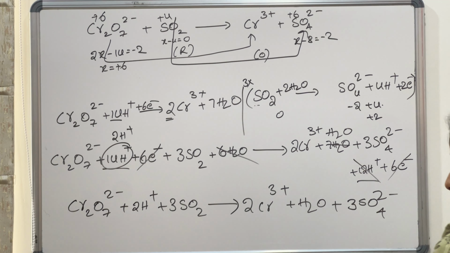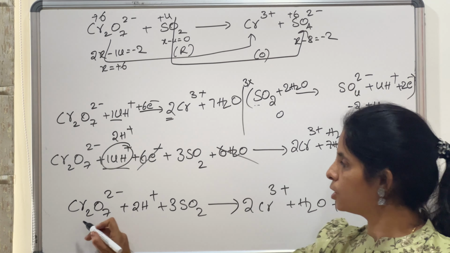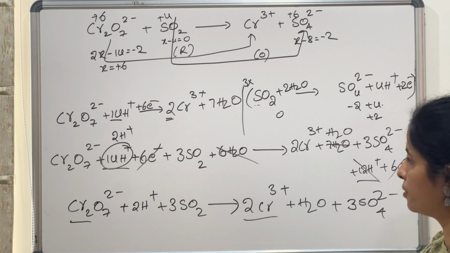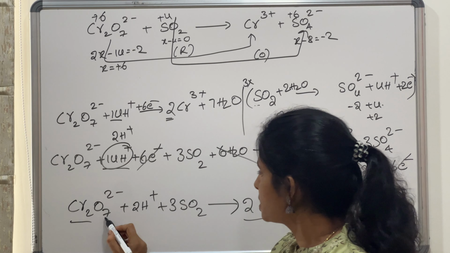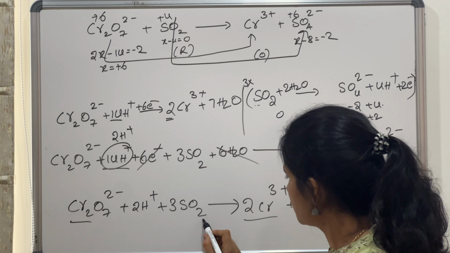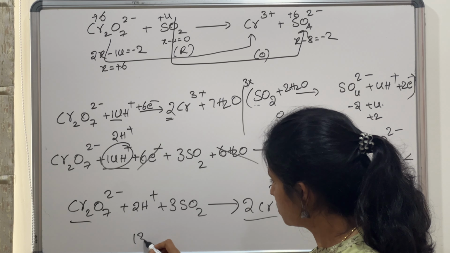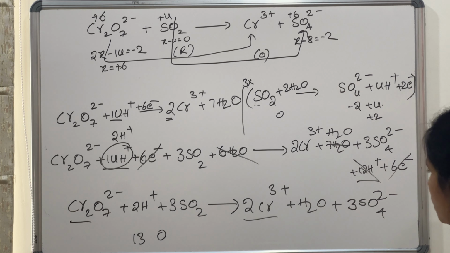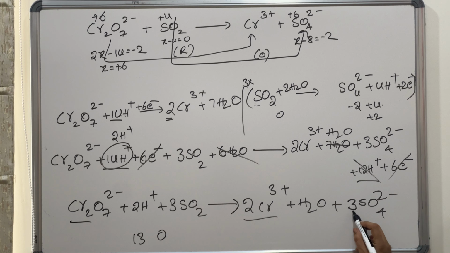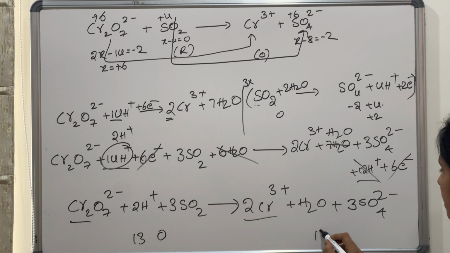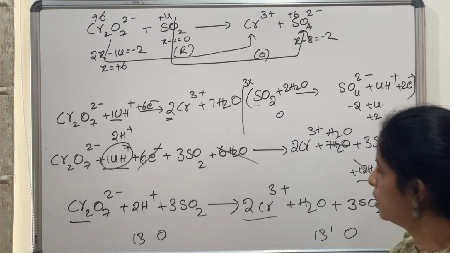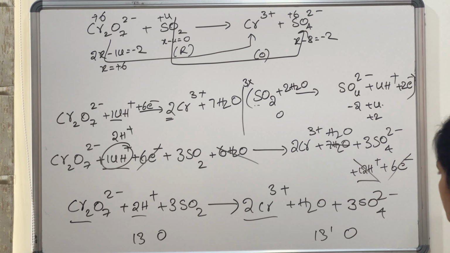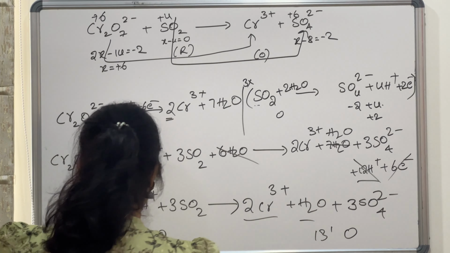So now check whether it is balanced or not. 2Cr, 7 plus 6, 13 oxygens this side. 3 4s are 12 plus 1, 13 oxygens this side. Okay. Look for the hydrogens, 2 hydrogens this side, 2 hydrogens this side. Balanced. Now look for the charge.